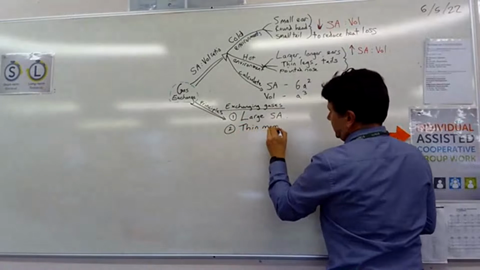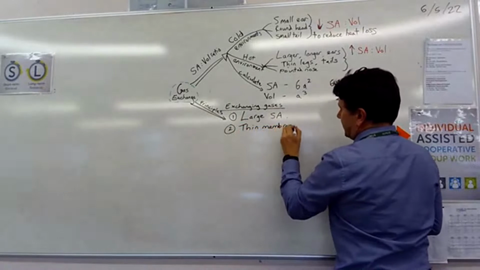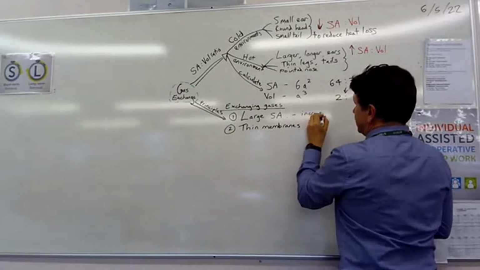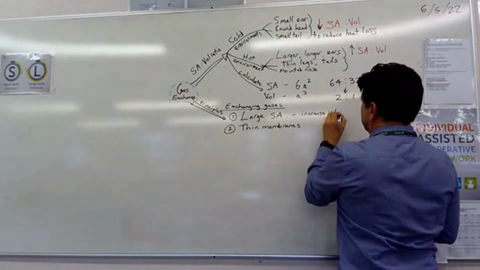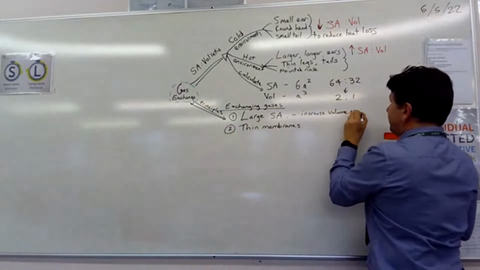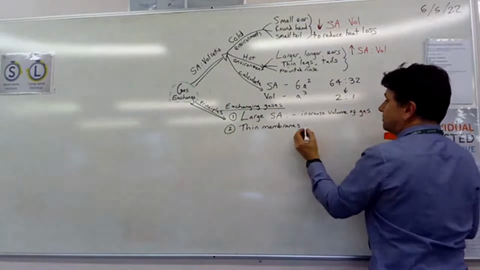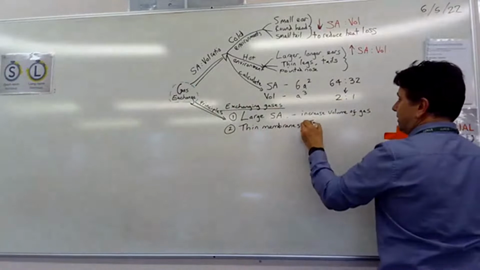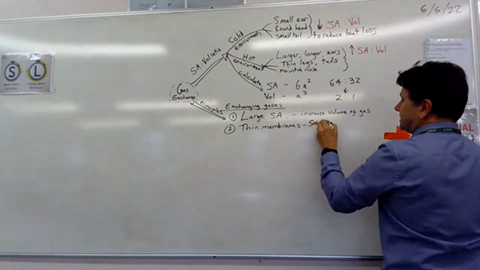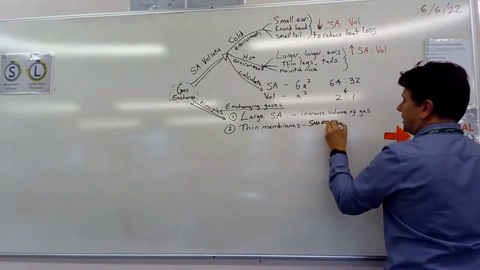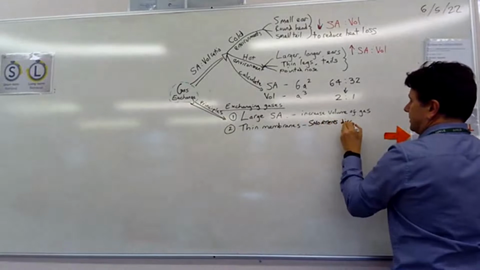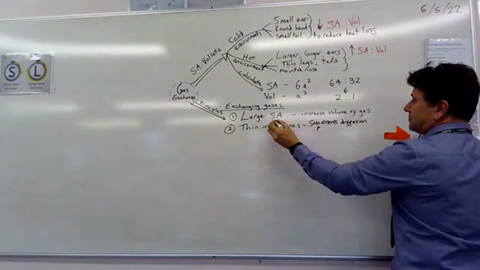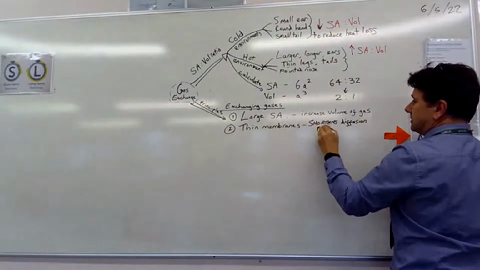In fact, I need to explain, don't I? So large surface area to increase the volume of gas exchanged. Thin membranes, what does that do to diffusion pathways? Yeah, shortens the diffusion pathway. Well done. So shortens diffusion pathway. Notice I'm giving a description and an explanation.